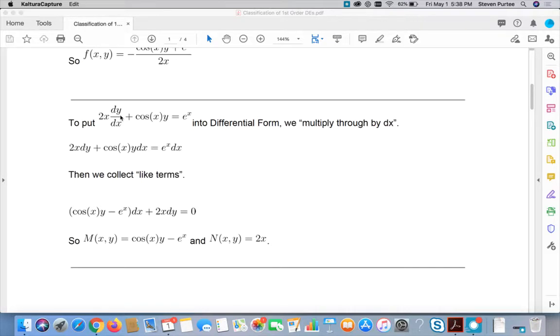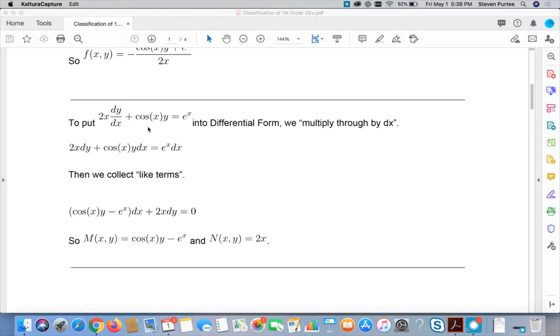But it turns out mathematically we can actually pretend like that is dy divided by dx and treat it like that, and everything just turns out really nice. It works out. So we could take this equation and just multiply through by this dx to clear the denominator, so to speak. So multiply through by dx.